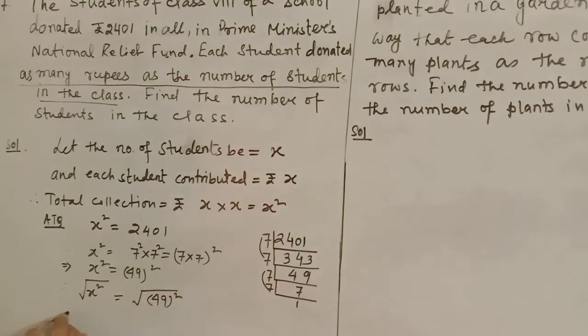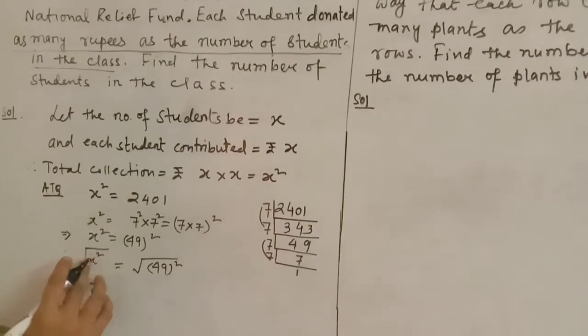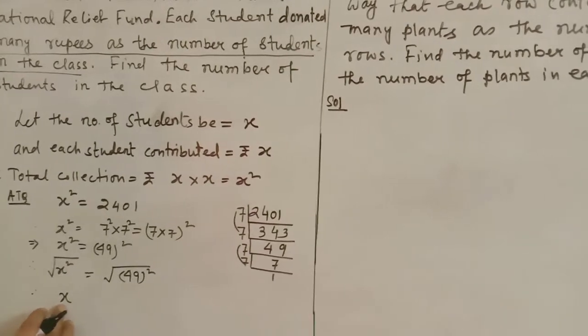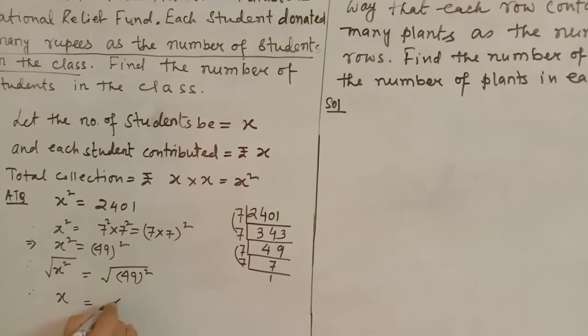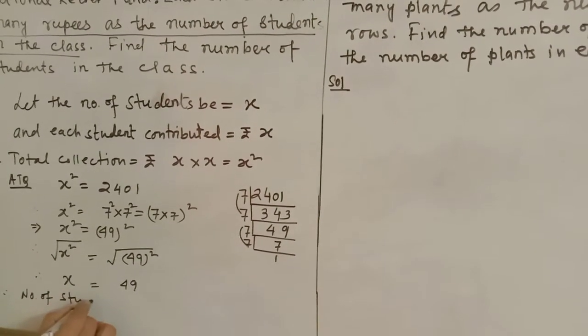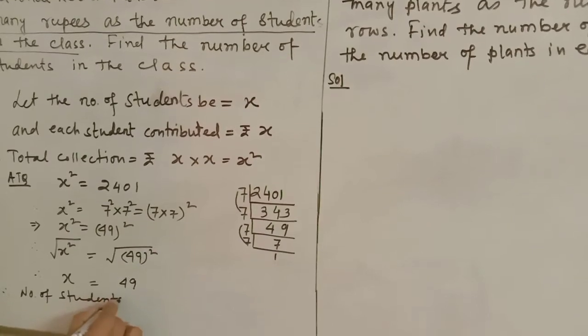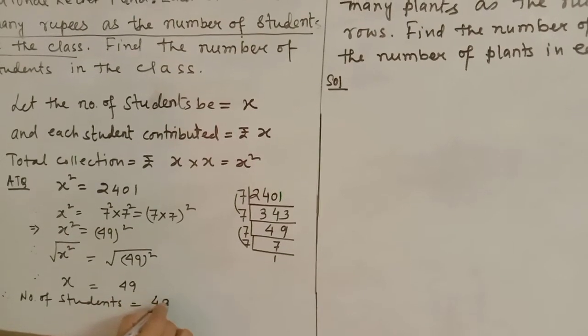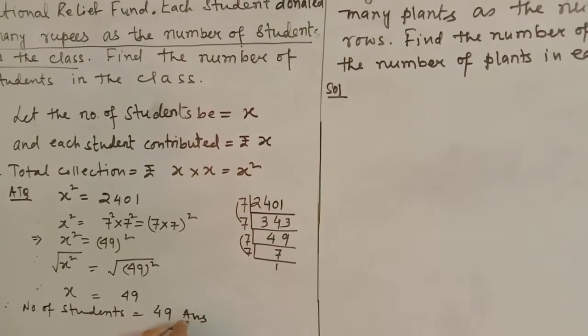So 49 square. Therefore x, out of 2x you can take 1x, and out of 2 49s you will take 1 49. So what is the number of students in that class? Therefore the number of students is equal to 49. Understood?